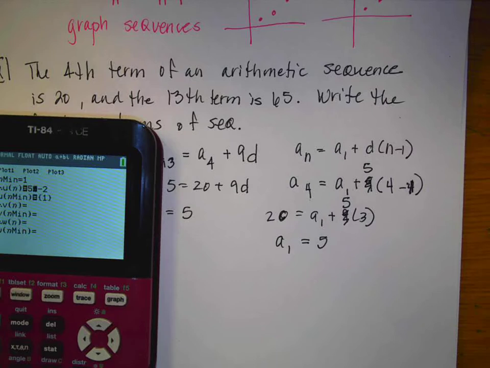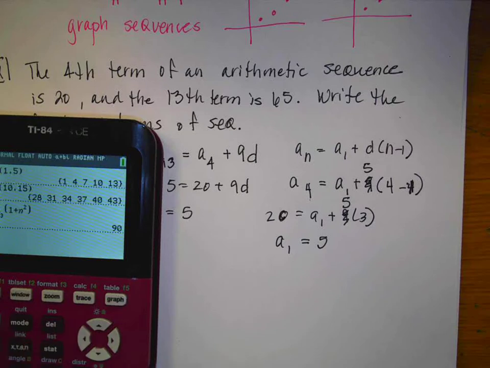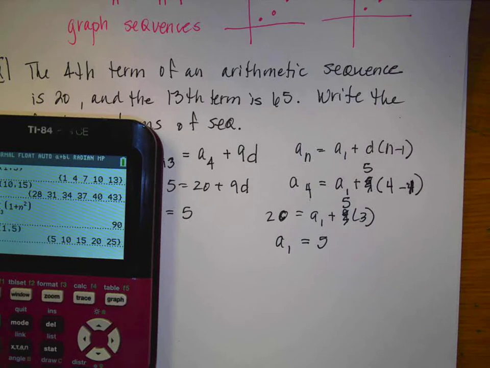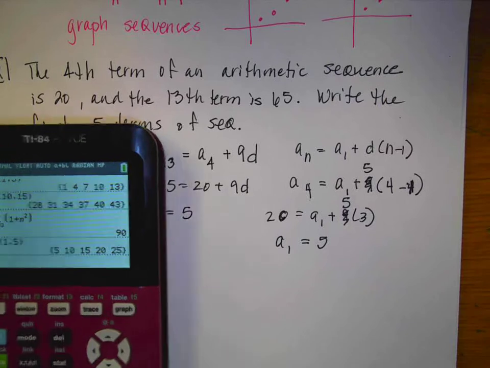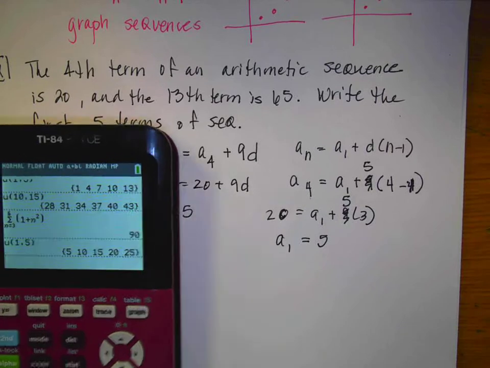So I'm going to go back to my y equals, and I'm going to enter my 5 plus 5 times n minus 1. My first term was 5, okay, alrighty, and then I'm going to quit, and I'm actually going to do, they wanted the first 5 terms, okay, so now there's my first 5 terms. Woohoo! That was pretty easy, right?